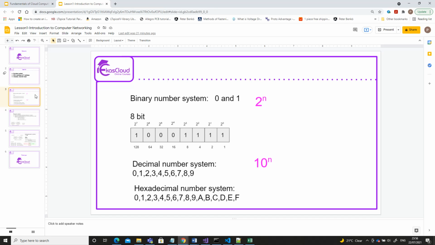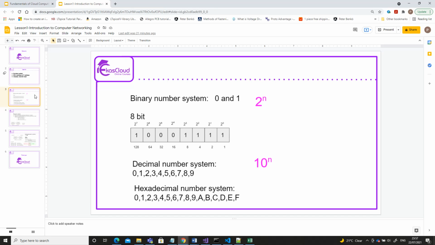The same concept is behind the decimal number system, where the base value is going to be 10, and every other digit is going to go to the power n.